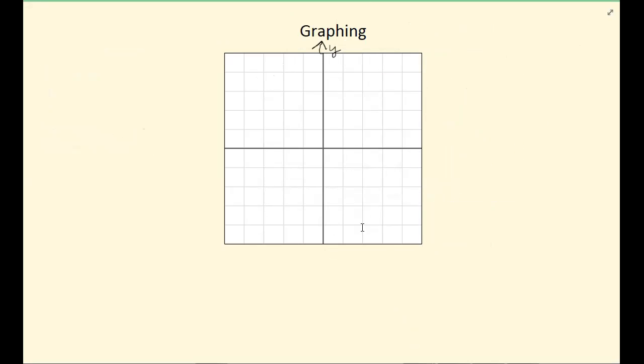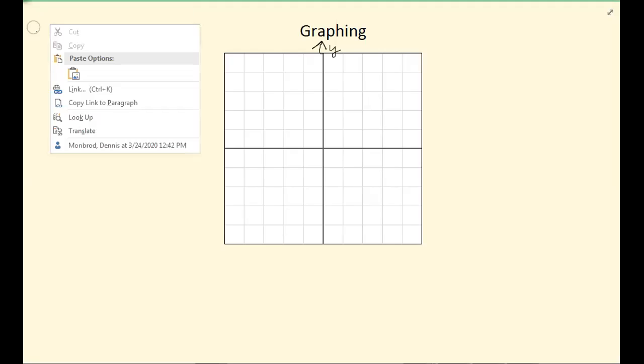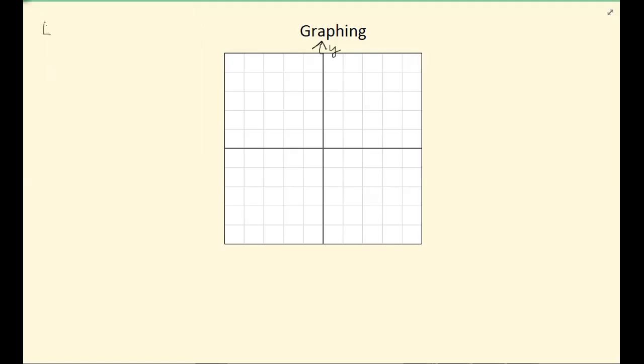Okay, so here we are back again. Let's do a little practice here. We know how to plot points. Let's do an example of graphing. Let's graph a line.